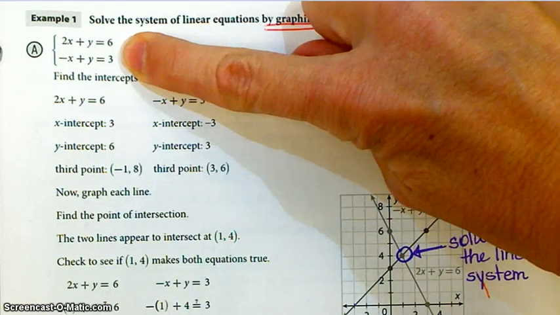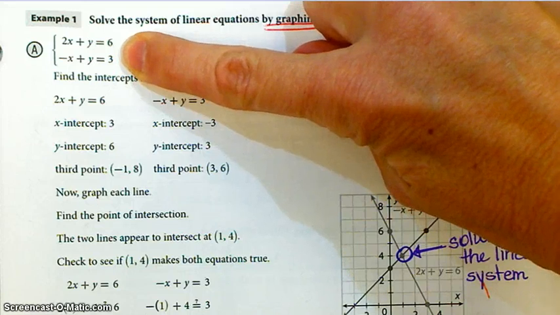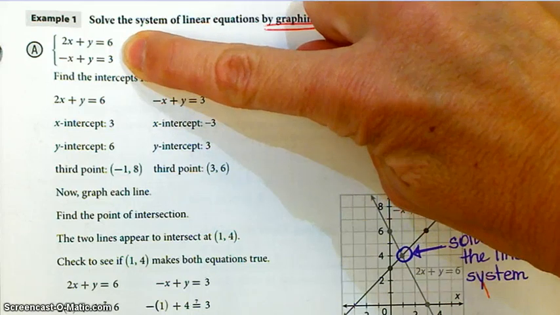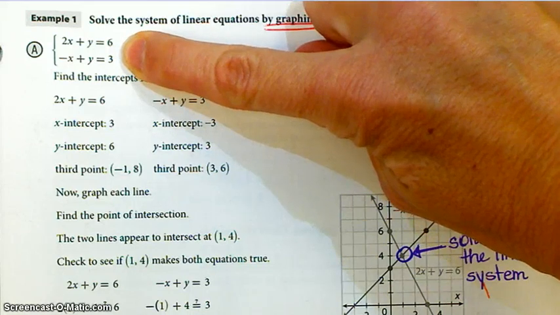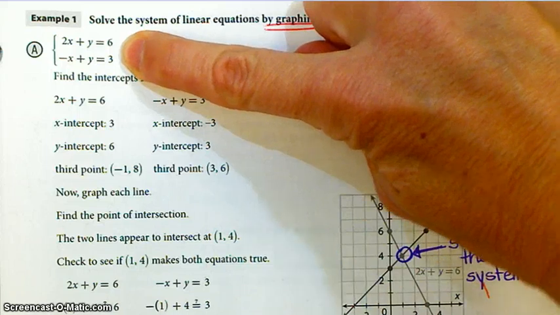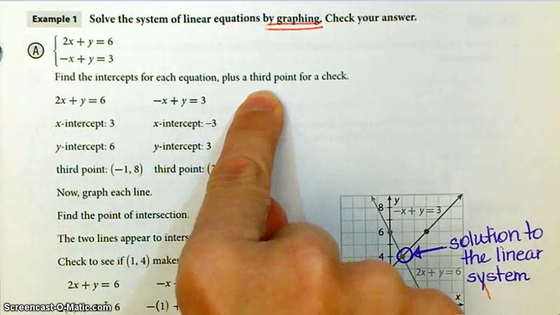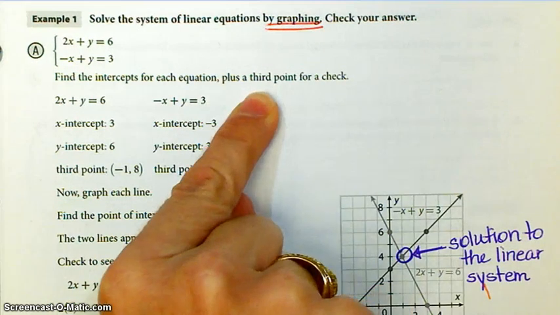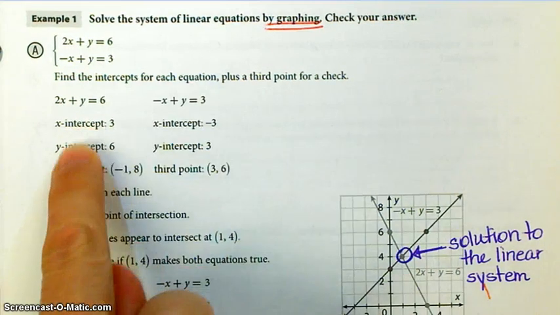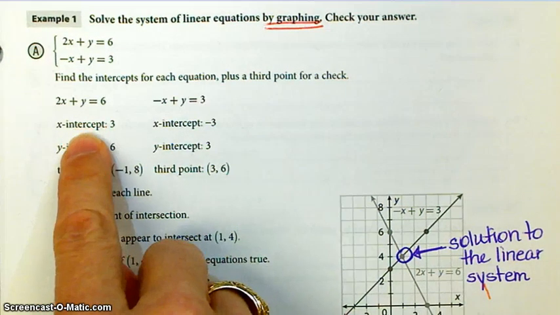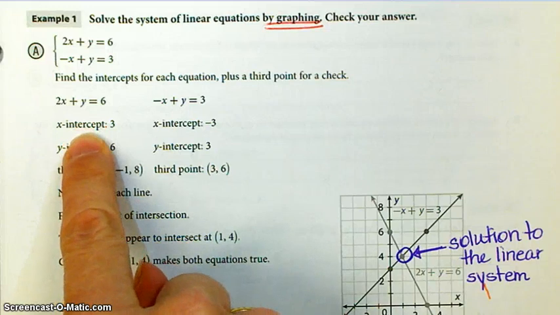Personally, right now it's basically in standard form, which is fine. Because what they recommend that you do, and you don't have to do it this way, is find your x and y intercept. Remember, you find your x-intercept by substituting 0 for y.